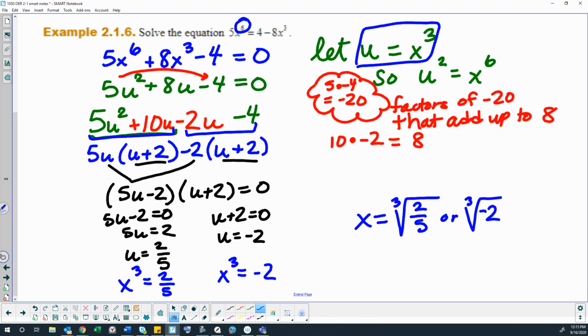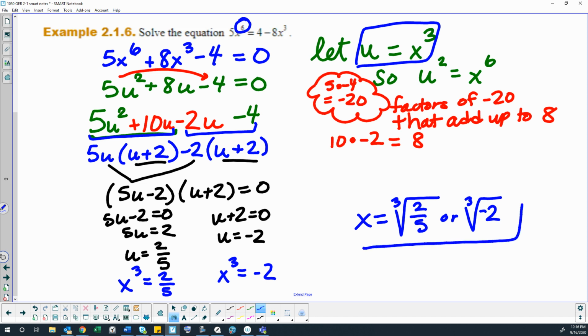Is it okay to take the cube root of a negative? Yes, it's fine, because cube root means it's something that multiplied together 3 times gives that number. If you have 3 negatives multiplied together, then you would get a negative value. So a cube root is just fine of a negative.